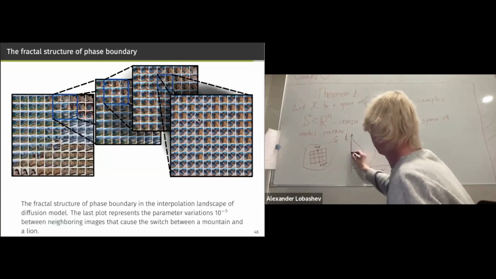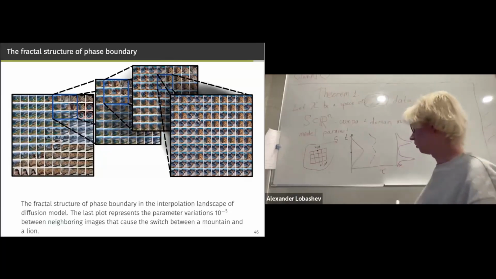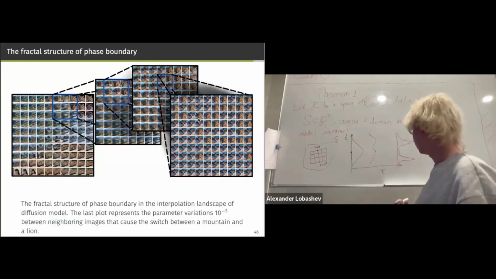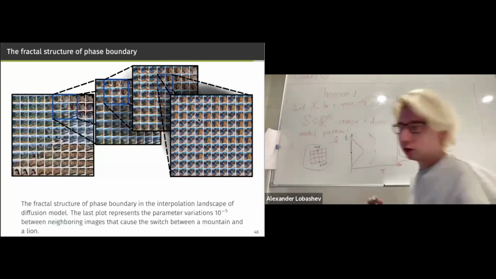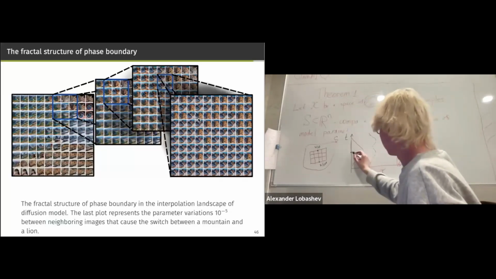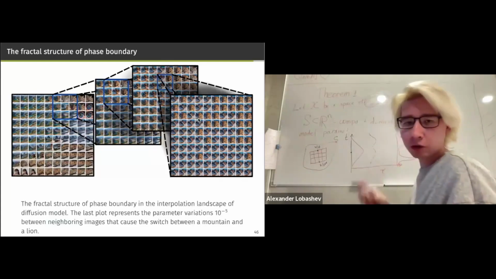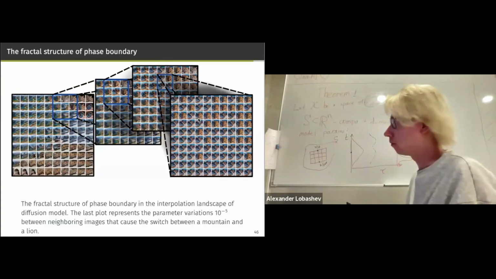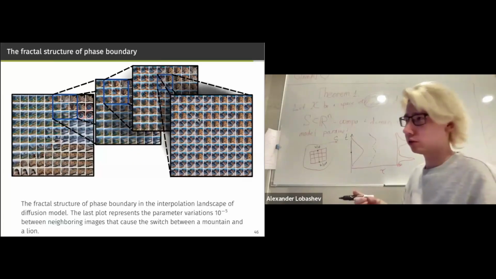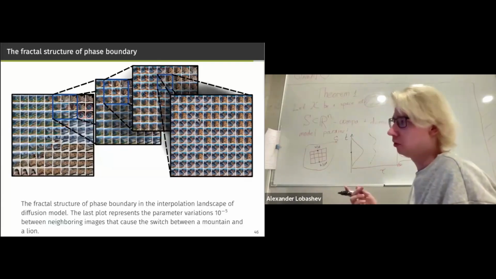So here we start from this point near the middle of this Gaussian, and we will go with stochastic sampling, but with almost deterministic sampling.